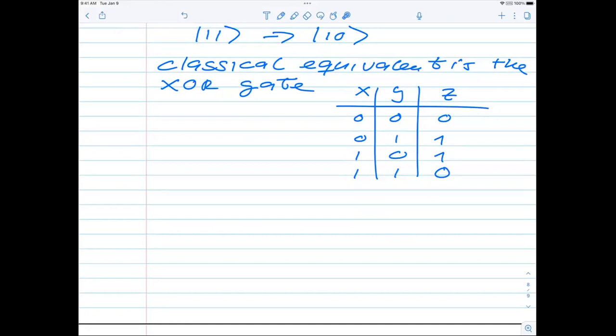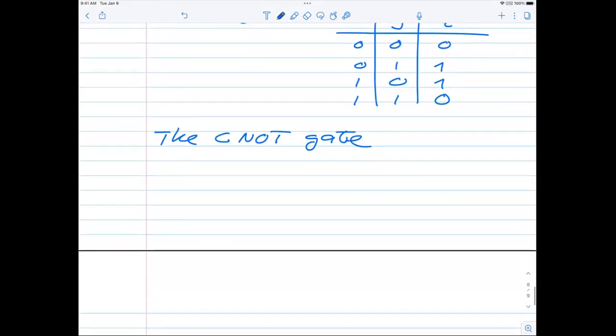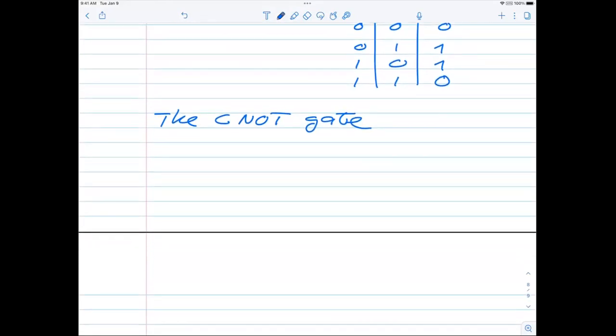The way we can now construct this is to set up a gate, the C0 gate, which is given by the following matrix.